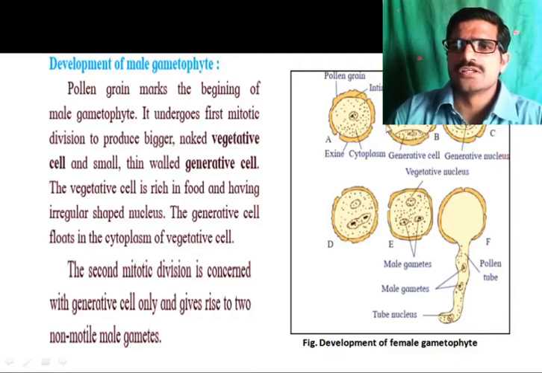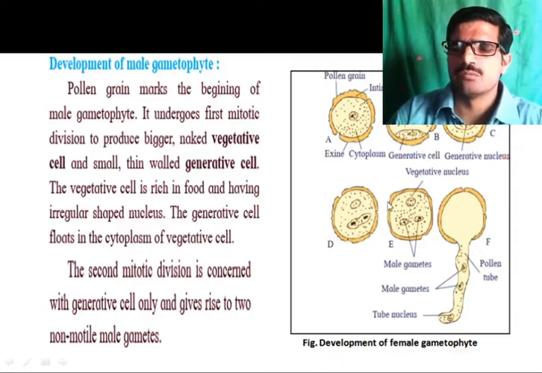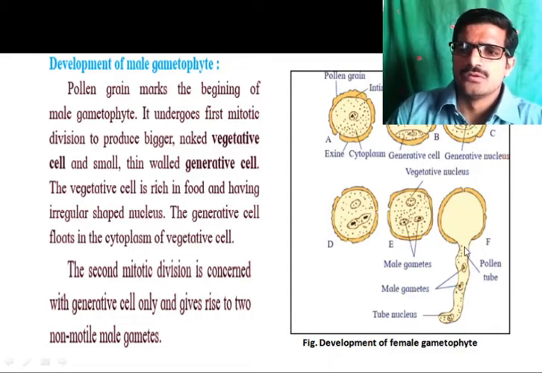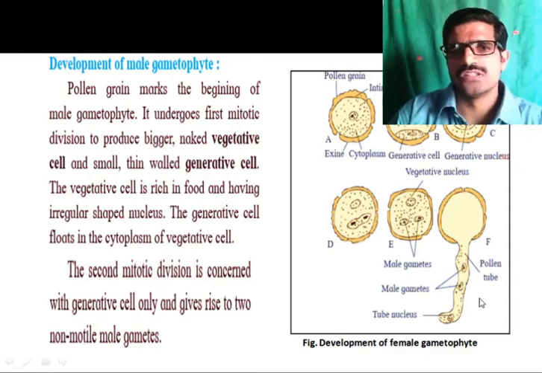Later on, this generative cell divides mitotically, and forms two male gametes. This development takes place in the pollen sac. After pollination, this development takes place on the wall of the stigma, and there is formation of the pollen tube, and two male gametes migrate in the pollen tube. So this is the development of the male gametophyte.